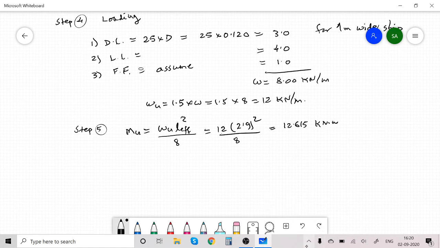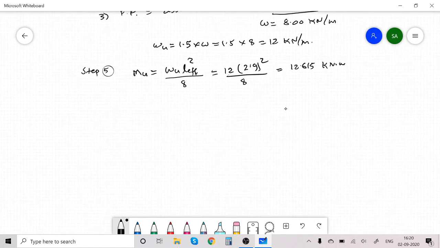Now, in the next step, that is in step number 6, equate this Mu to Mu max. Mu max depends upon grade of steel.